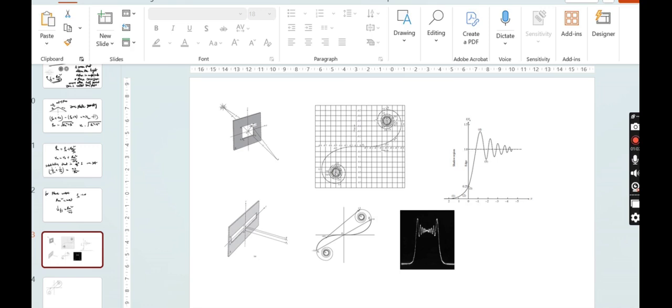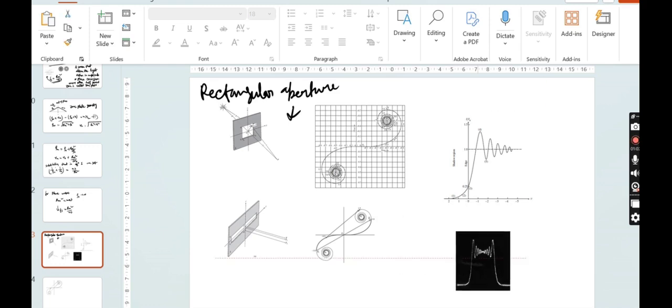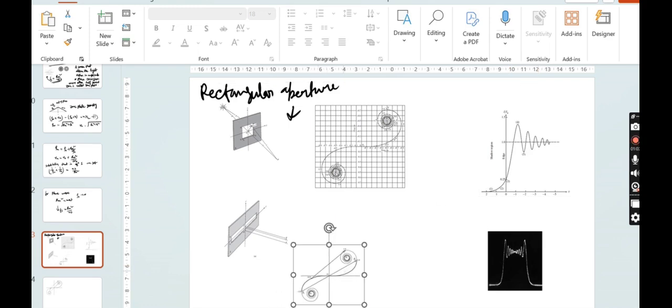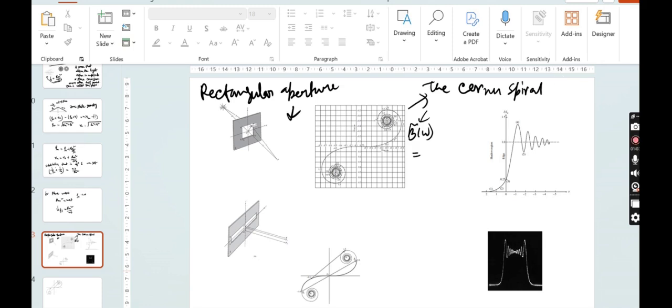In class there has been a discussion about the rectangular aperture. This is the rectangular aperture, and it is a pretty vast discussion. Then this concept is also described in class, the Cornu spiral, and how it is written, what the mathematical form is.